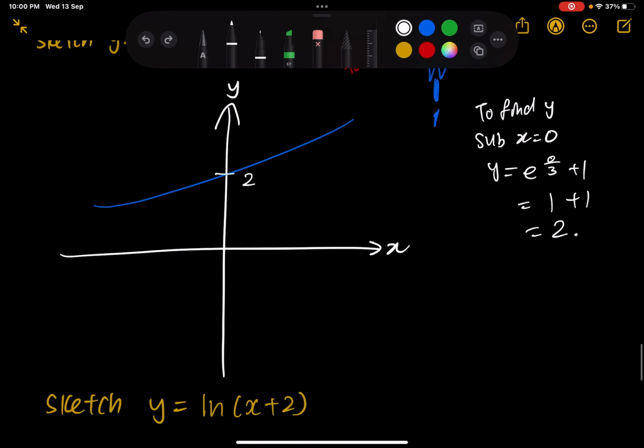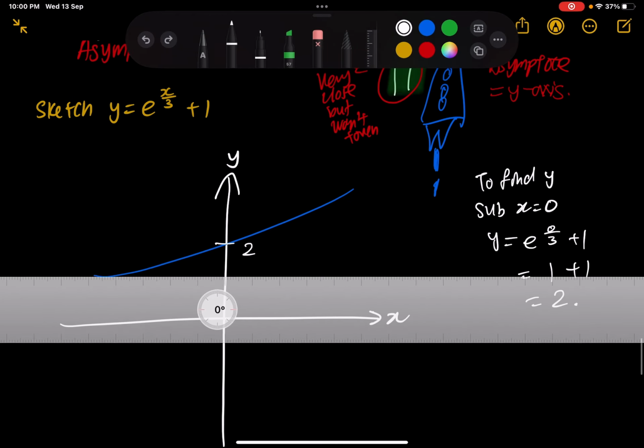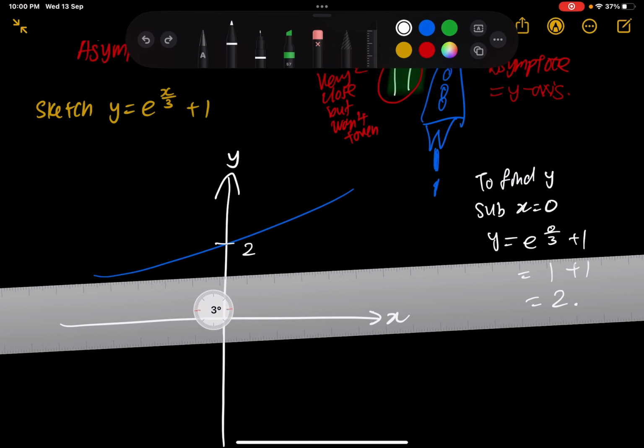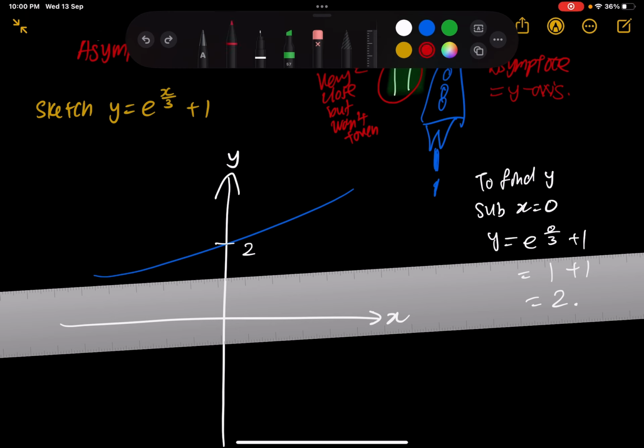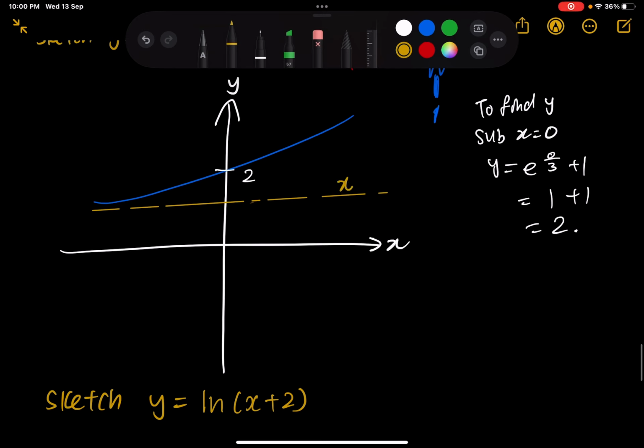Then if I want to know the asymptote, you just draw one line like that. My graph will be ugly. But this is the asymptote. Sorry, not x, y equals to 1.